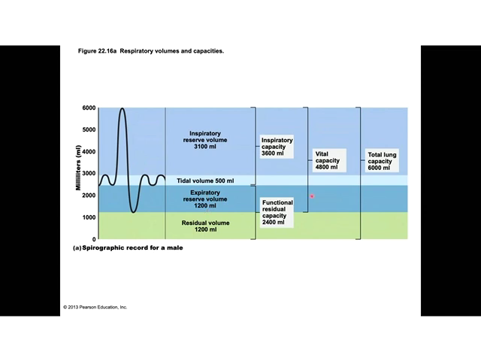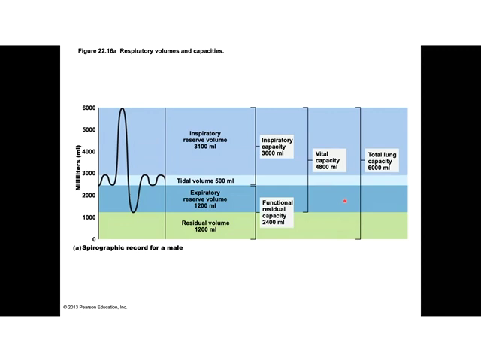That doesn't have to be listed on here, but there it is. And your total lung capacity is just your residual plus your vital, okay? So the more effective you are at performing these different maneuvers on the spirometer, the better shape your ventilation apparatus is, okay?